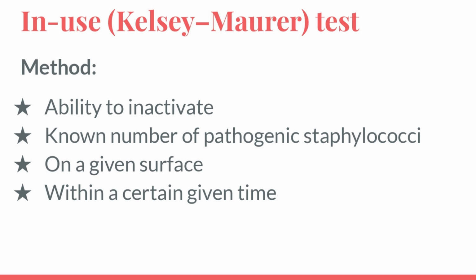And what is the method of the Kelsey-Maurer test? That is the in-use test. Here we determine the ability of the disinfectant. What ability? The ability to kill a given number of pathogenic Staphylococci bacteria. And where do we conduct the test? The test is conducted in the actual area of disinfection. That is, it is not in the laboratory but on the actual surface where practically we have to do the disinfection.